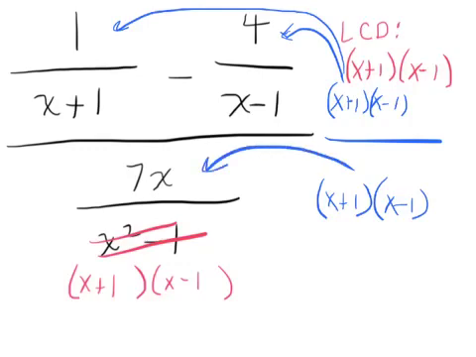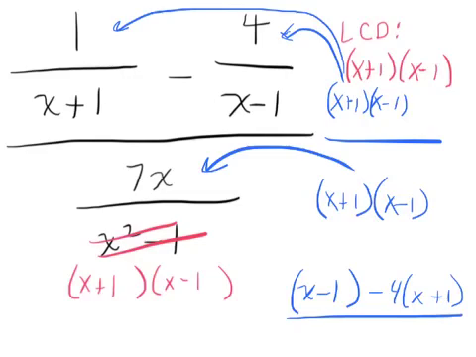So, Jared, go. What do you got? X minus 1, and then you write your x minus 1 minus 4x minus 4. Good. Oh, you distributed already? Okay, plus and negative. Not a problem. Continue. So all over 7x. Yeah, very good, Jared.